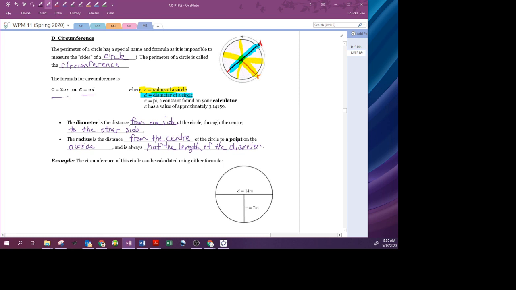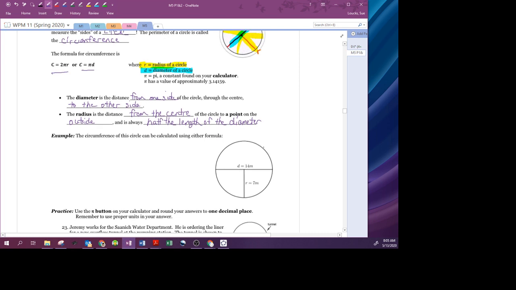All right, let's do an example here. We can calculate it using either formula. I'm going to do both just to show you. So formula 1, C equals 2 pi r. So it equals 2 times pi times the radius this time is 7. And that comes out to 43.98 meters.